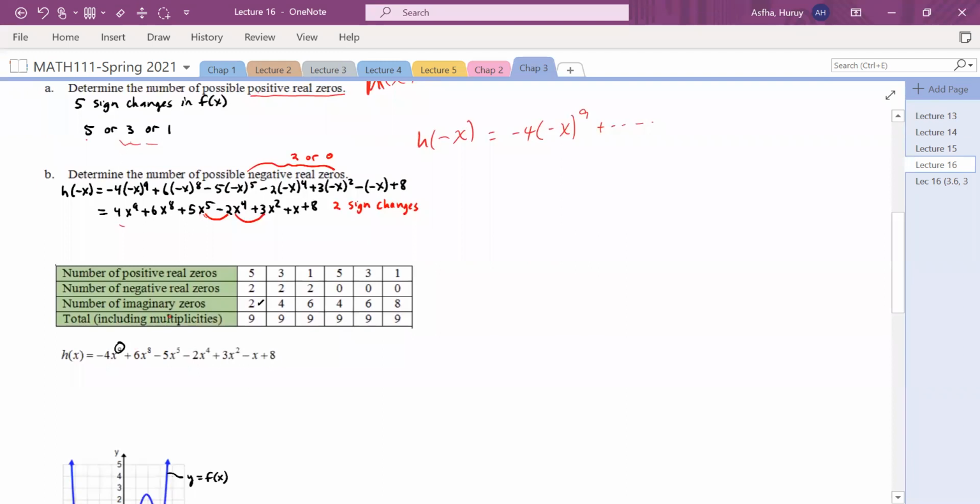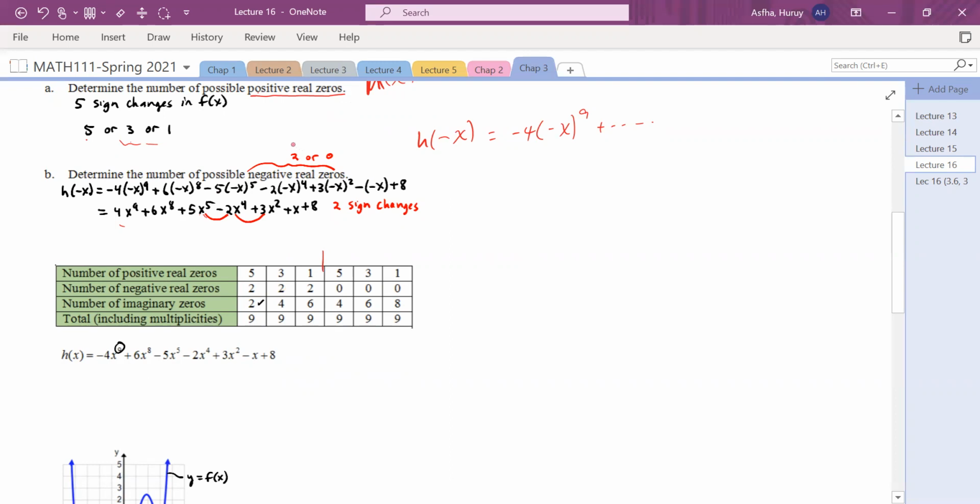And now, when we list the possibilities for the number of positive real zeros, the possibility is 5, 3, 1, okay? Ignore this one for now. That's the possibility, right? So we have to write the combination.